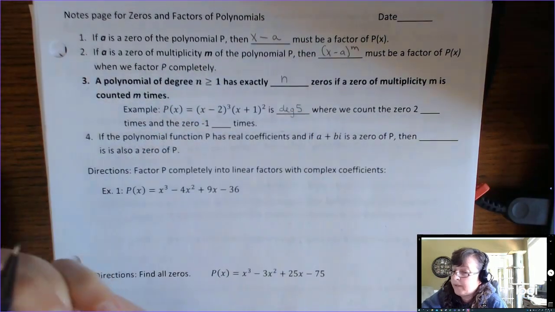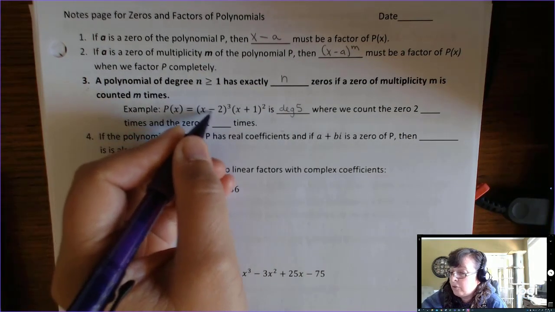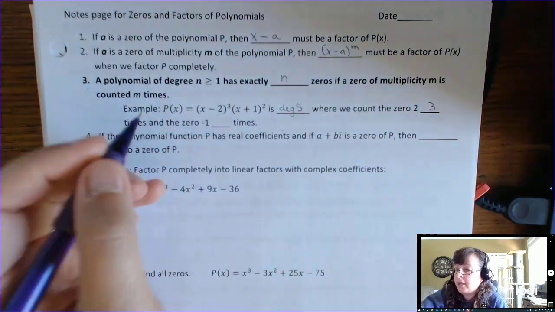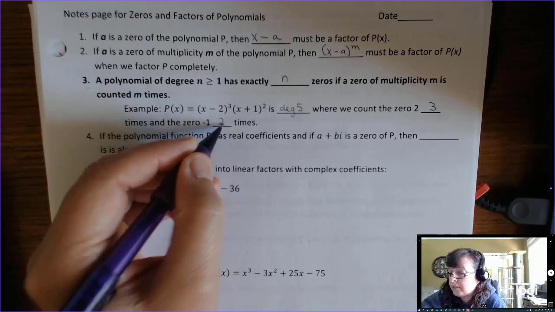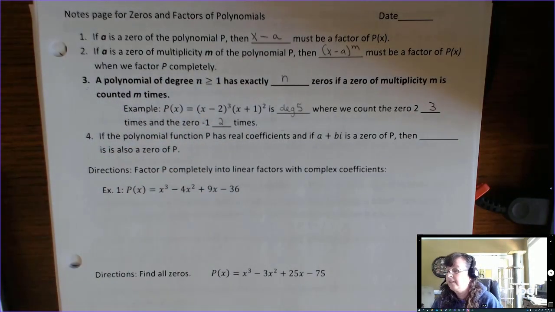So we would expect 5 zeros. But we're going to count the 2 from this factor 3 times, and we're going to count the negative 1 zero 2 times. And so if you count their multiplicity, the degree does equal the number of solutions.